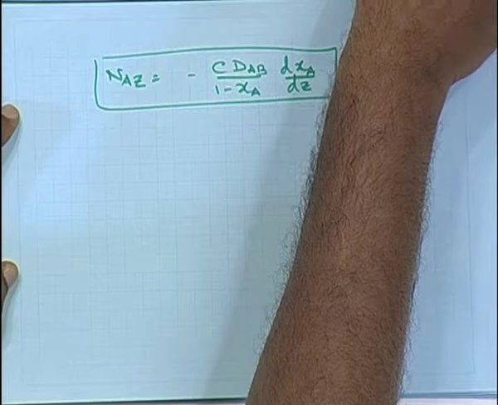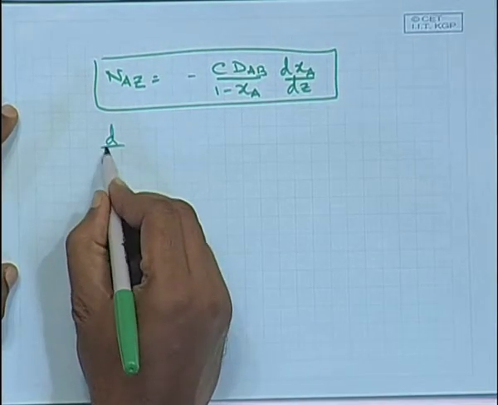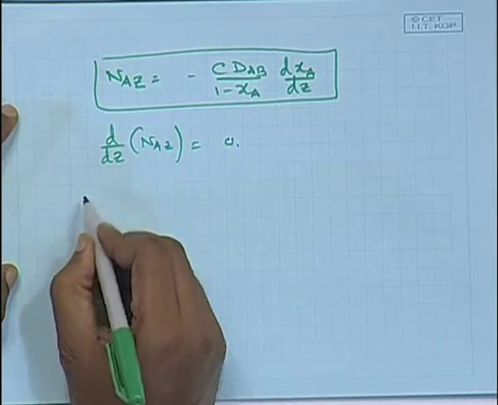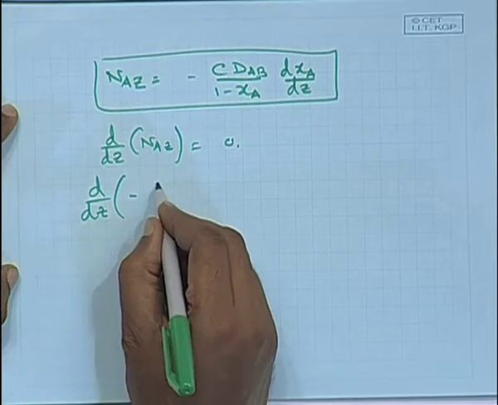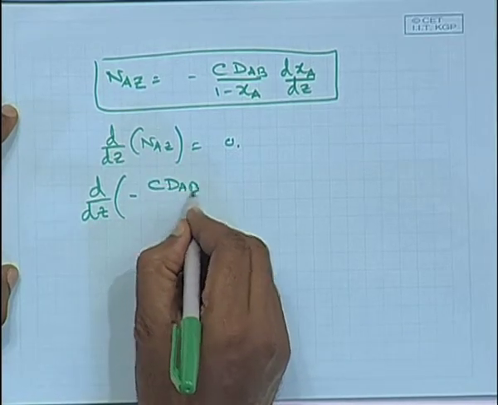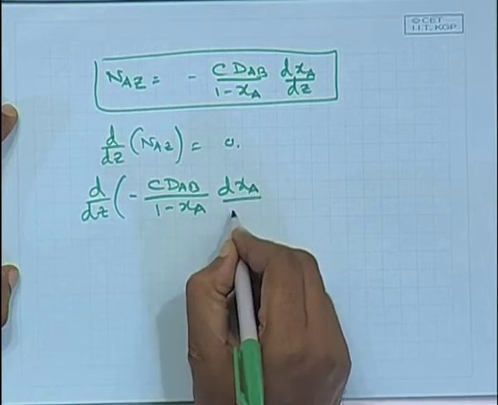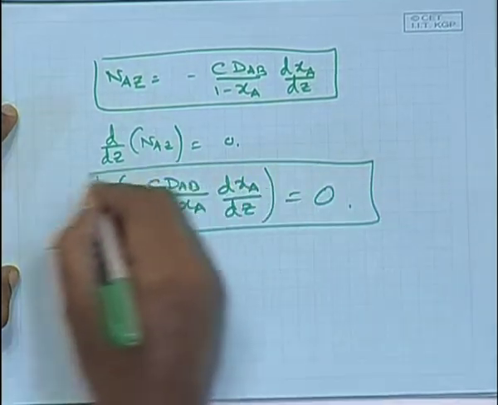Did you follow the steps? Okay. So, d/dz of NAZ equal to 0 would simply give you d/dz of minus C DAB over (1 minus XA) dXA/dz equal to 0. This would be my governing equation.